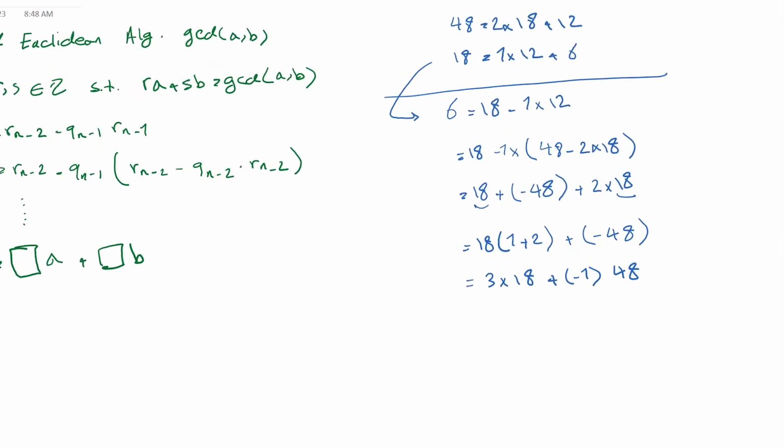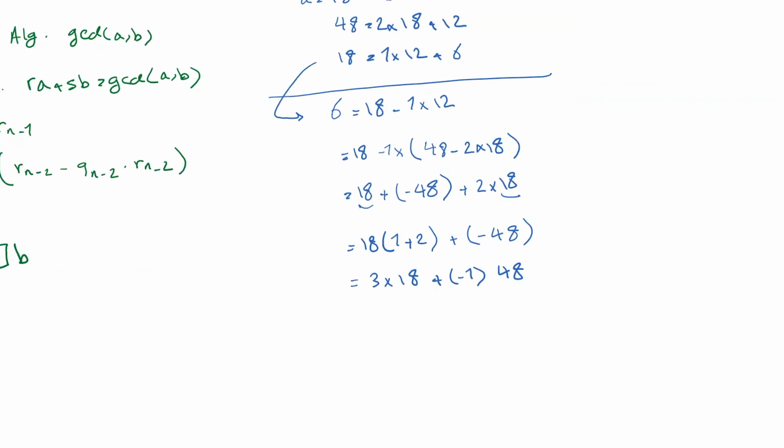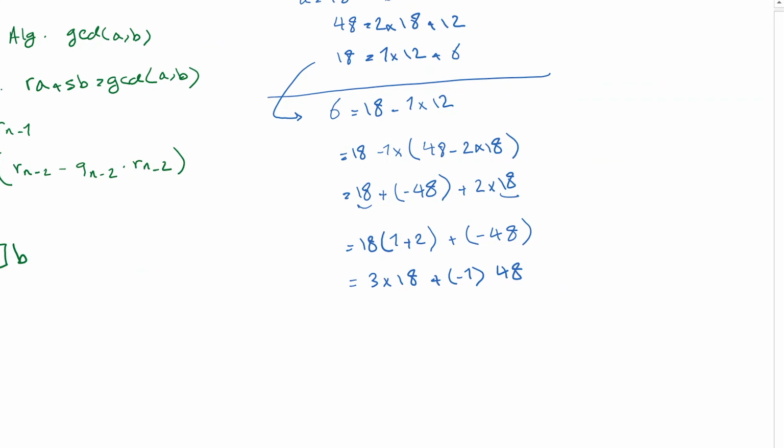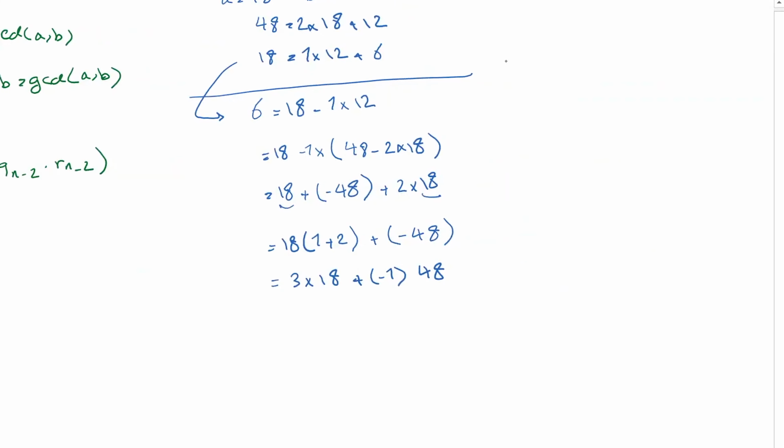And over here, my A was 48, my B was 18, right? And my goal was to find some formula such as R times A plus S times B equals the GCD of A and B, right? So I was looking for some R times 48 plus some S times 18.